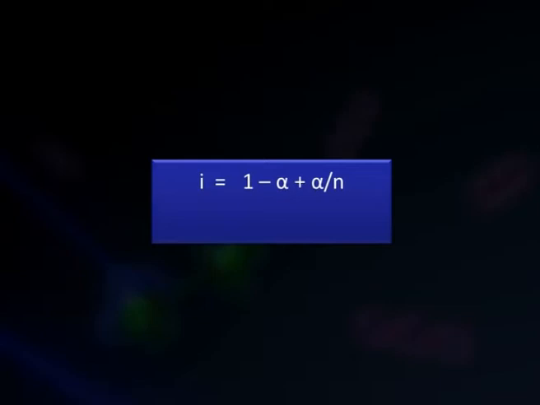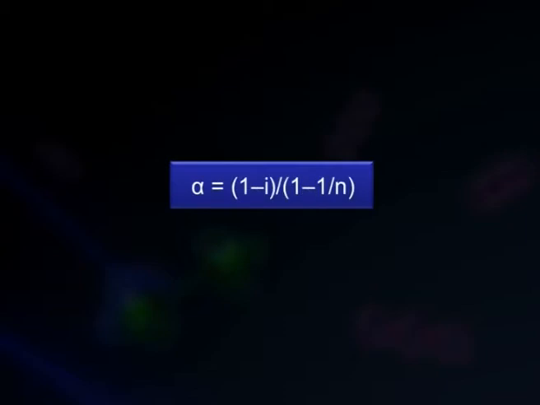Therefore, i will be equal to 1 minus alpha plus alpha by n, which will be less than 1. Rearranging this equation, we will get alpha equal to 1 minus i upon 1 minus 1 upon n.